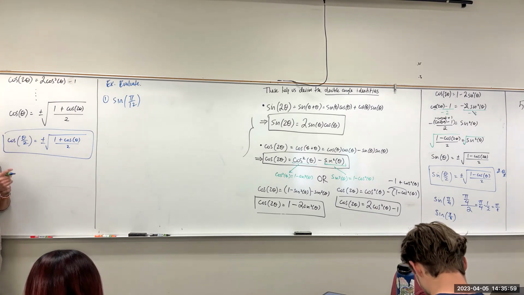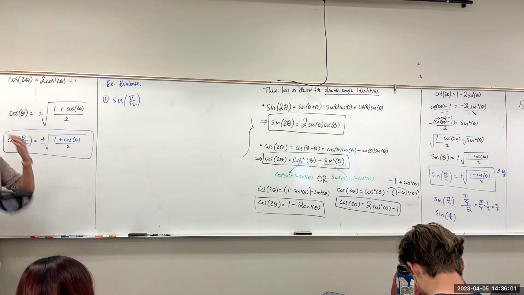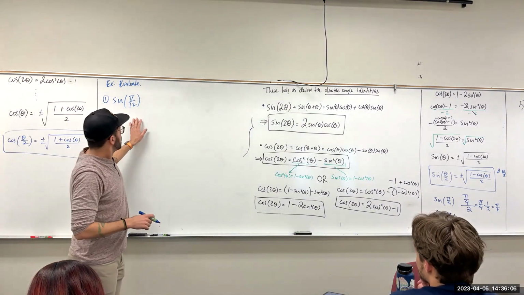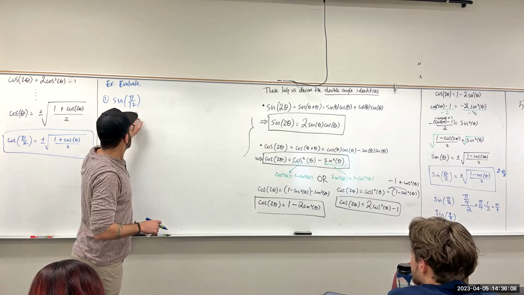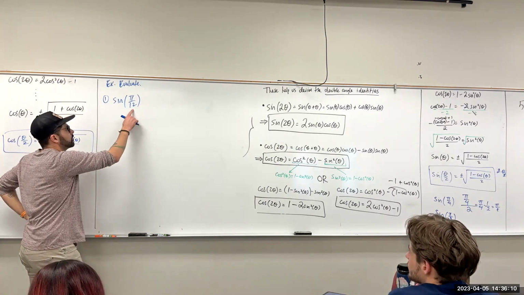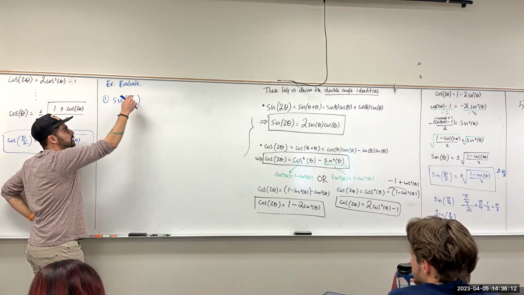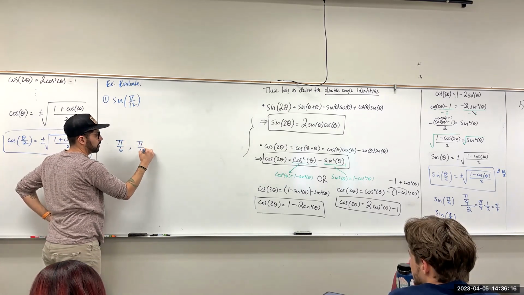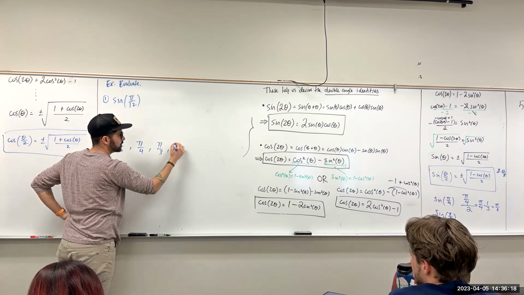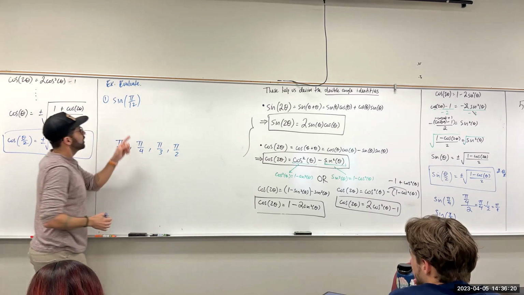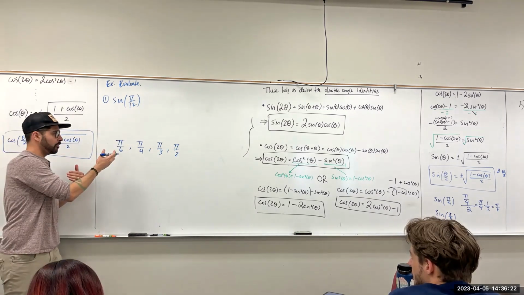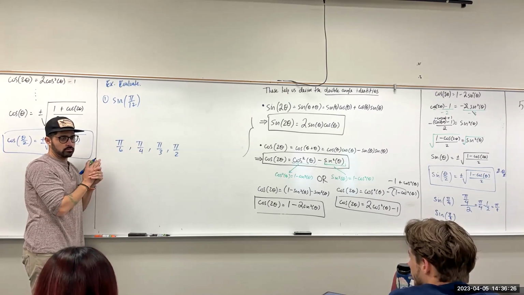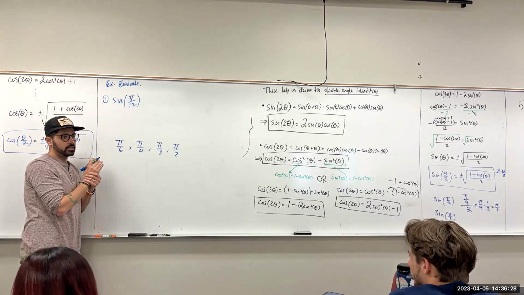Okay. Question. Well, you want to ask yourself, we know these special angles, right? We know all these special angles. So is pi over 12 half of one of these angles, or is it double one of these? It's half.